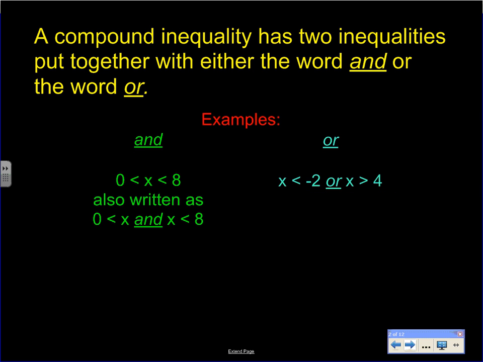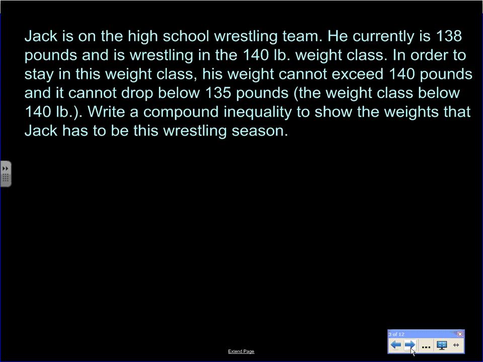Okay, since we have that done, we can move on and talk about a couple of real life situations here. Old Jackie Jack is on the high school wrestling team, and it's important if you're on the high school wrestling team to watch your weight, because there are weight classes that you can wrestle in, and if you go above your weight class, you have to move up to the larger weight class.